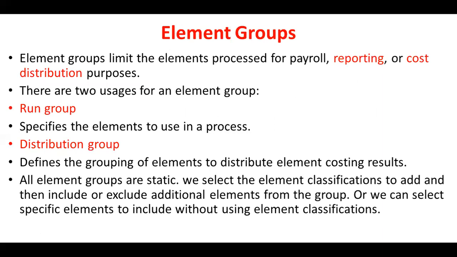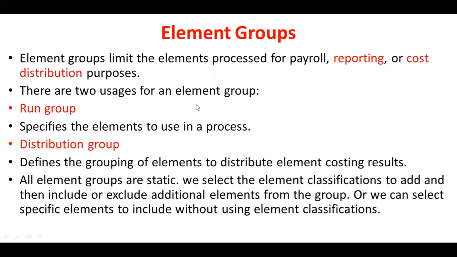The second one is element groups. The element group limits the processed payroll. If we want to group the elements based on some requirement, which is used for reporting or for payroll cost distribution, we use element groups.